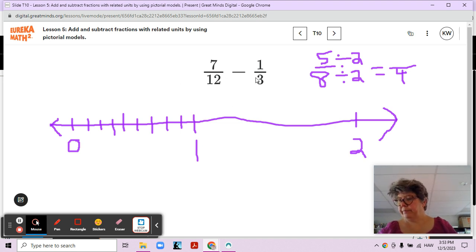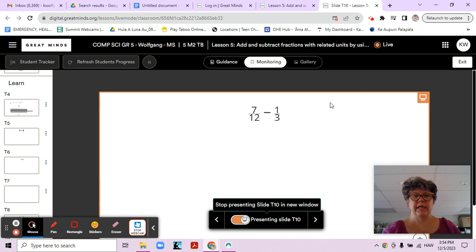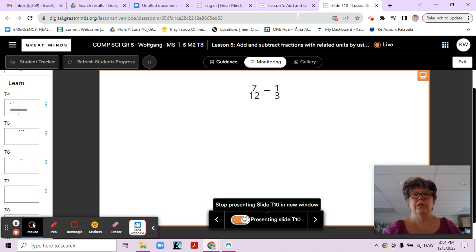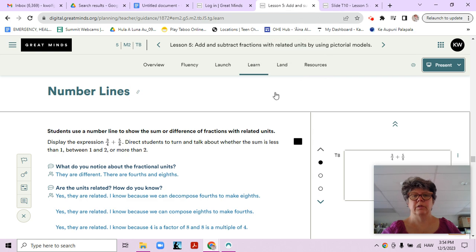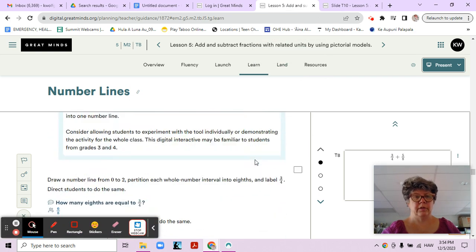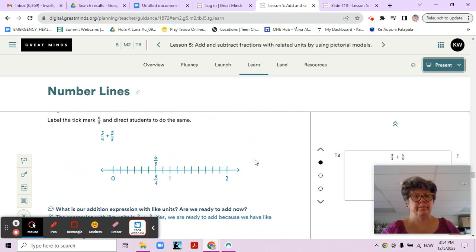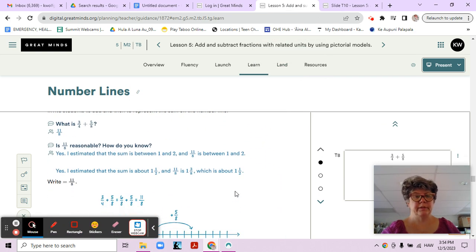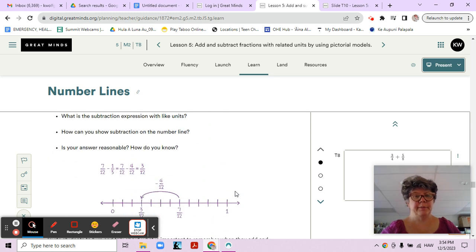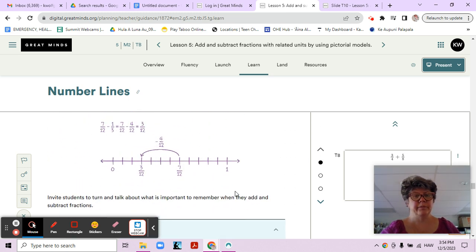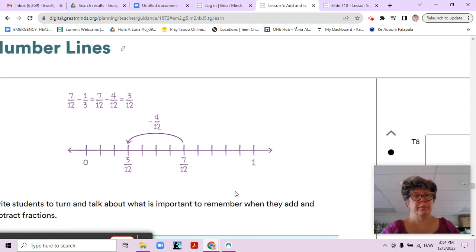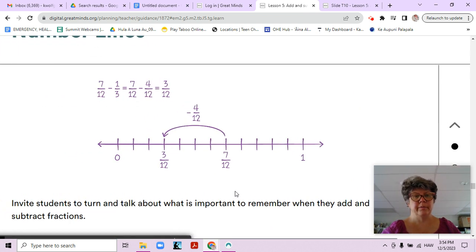7/12 minus 1/3. 7/12 minus 1/3. You know what? Let's look at there's a nice number line from the last one. Yeah, sometimes they make nice number lines in the teacher's guide. 7/12 minus 1/3.